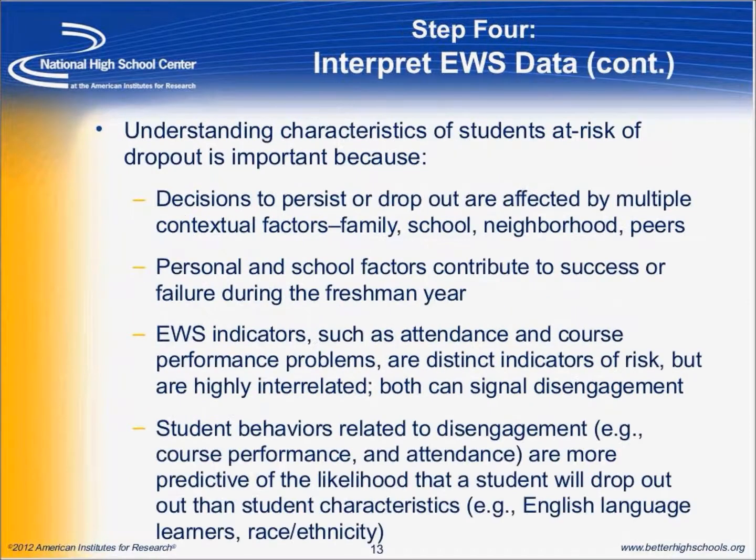So just to provide a little more information about this critical step, as we know that dropout is not a single point in time, but rather a cumulative process affected by multiple contextual factors, including family, school, peers, and neighborhood. Personal and school factors contribute to either success or failure, as we all are aware. A few statistics from a report from Bridgeland and others show this variation.